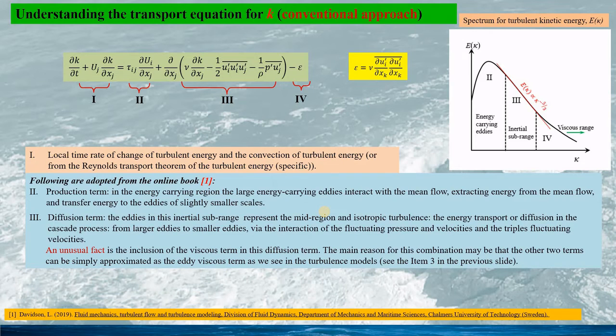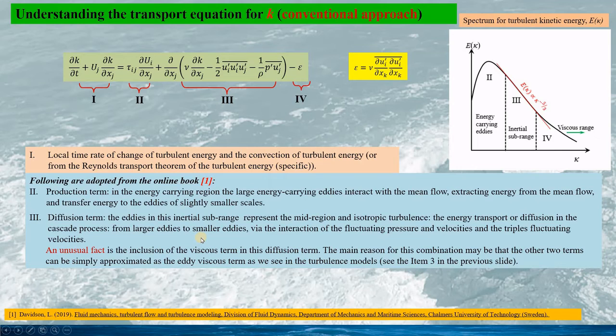Region 3 is the diffusion term. This region represents the mid-range and isotropic turbulence. In this cascade process, energy flows from the large eddies to smaller eddies.